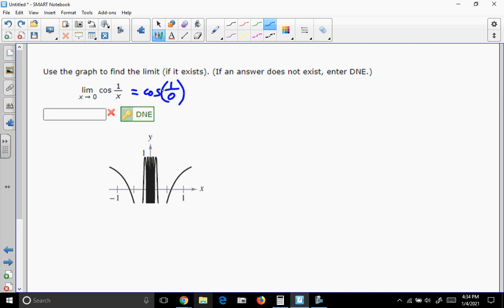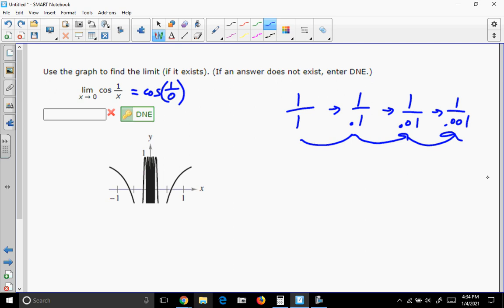If x is getting closer and closer and closer to 0, this quantity is actually getting closer and closer to either positive or negative infinity. Let's compare letting the denominator get smaller and smaller, and let that denominator get closer and closer to 0.